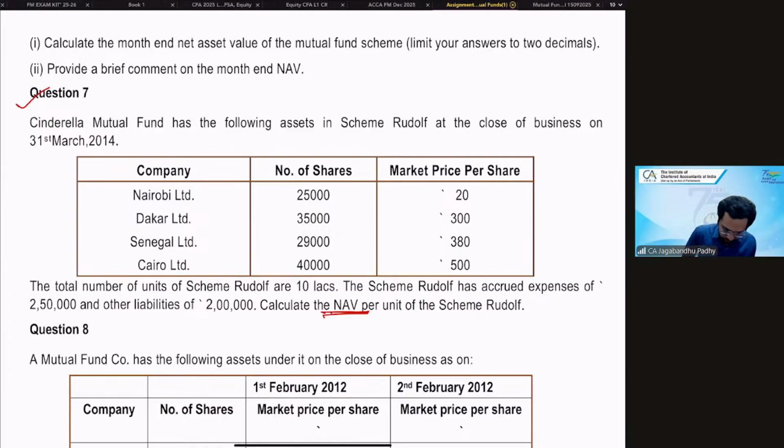Okay. So what we do is we simply multiply them, take a total, and from that we subtract the outstanding expenses and liabilities, and then divide it by 10 lakhs. So we all get 41.57.